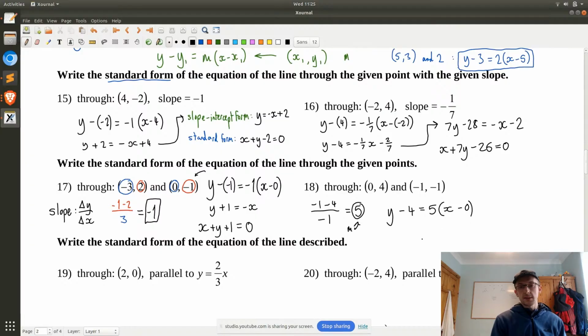Just there like that. Expand it out. So y minus 4 equals 5x. And move everything over to the left. So minus 5x plus y minus 4 equals 0. Standard form. Done.